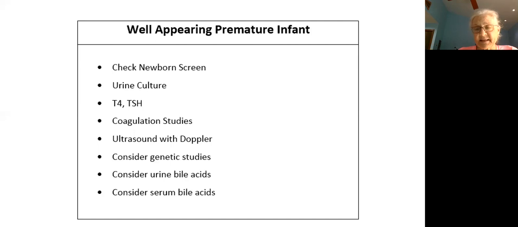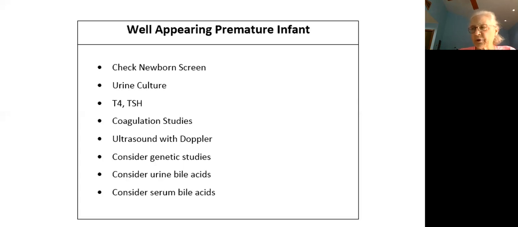This isn't necessarily picked up on the newborn screen, and prematures are at significant risk for thyroid disease. Maybe coagulation studies, they are very hard to get in a premature. They require a larger volume of blood that all needs to be in one good flowing stick. So if we need them, we get them, but we sometimes wait.